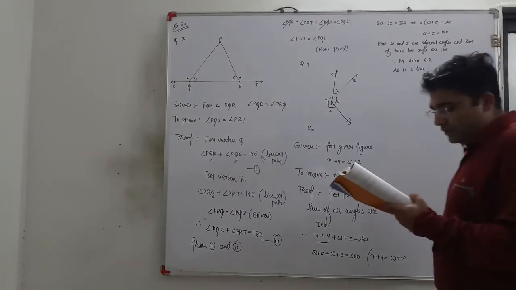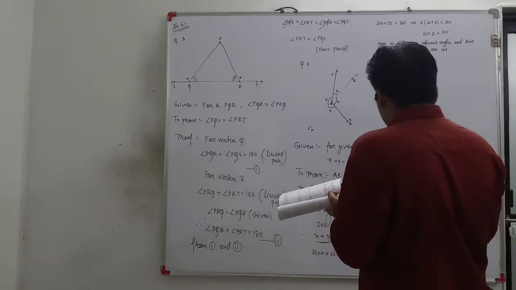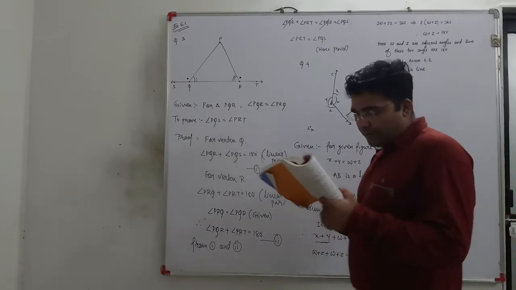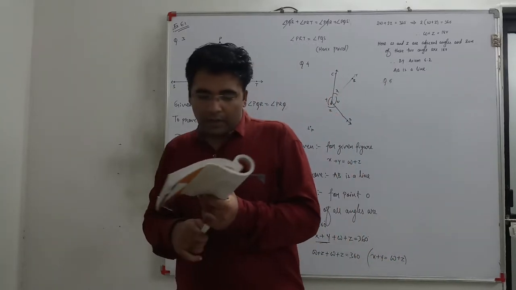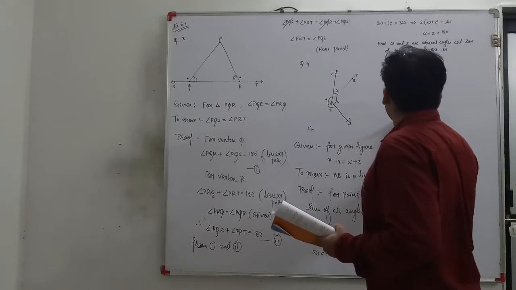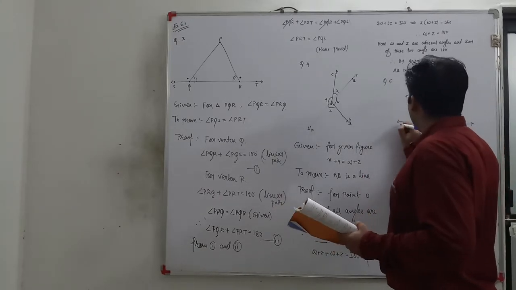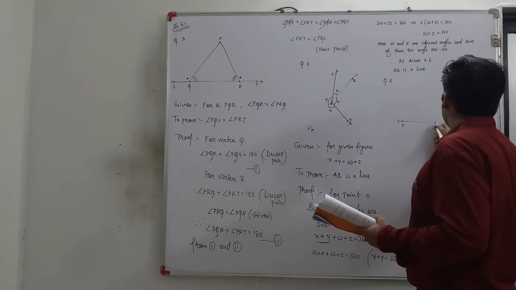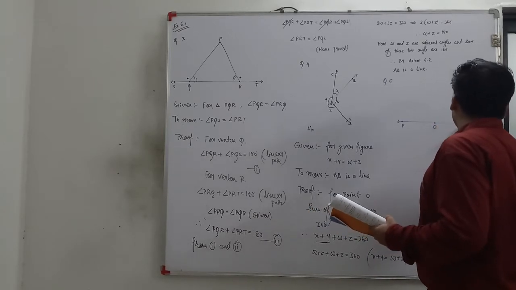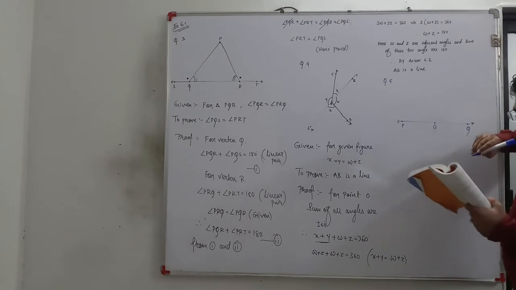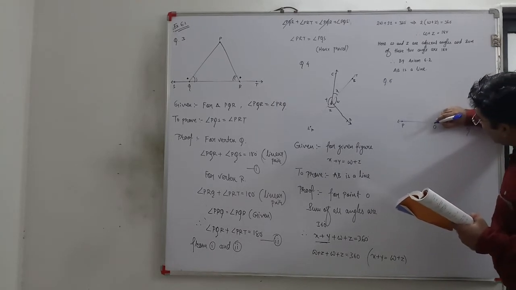Now, let me see the next question. Our next question is question number 5. In question number 5, it is given that POQ is a line, and OR is a ray perpendicular to the line PQ.